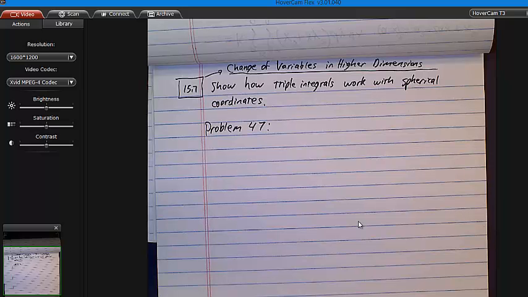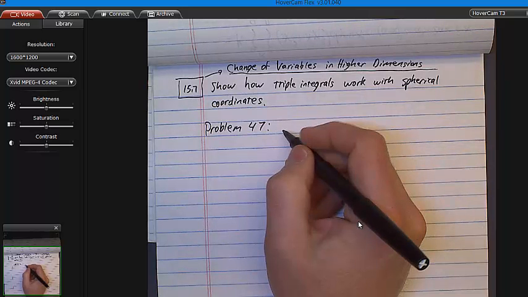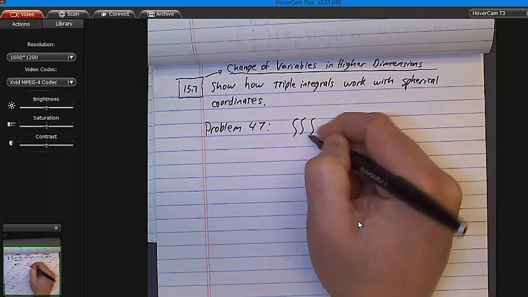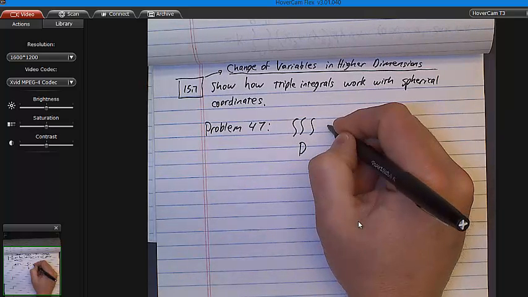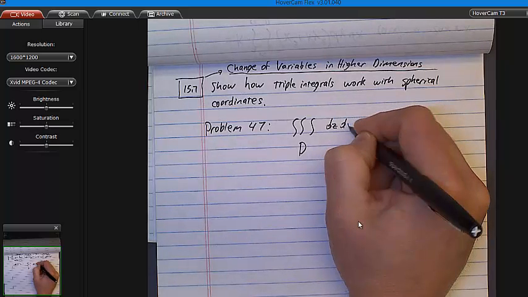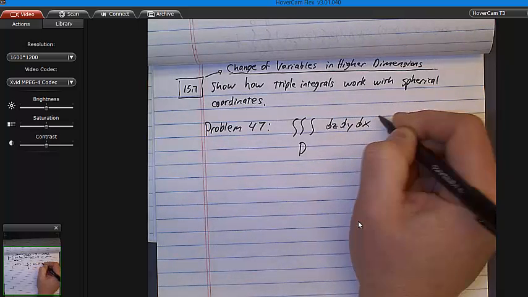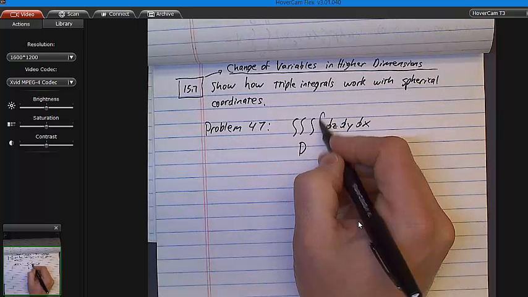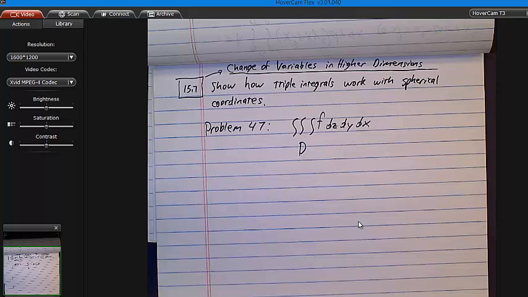And so in general, what we're going to do is, let's say we're going to do some triple integral over D, say dz, dy, dx. And should I put some function here? I guess I'll put f here, right? When I say f, f is a function of what? x, y, z, right? So we're going to integrate it.